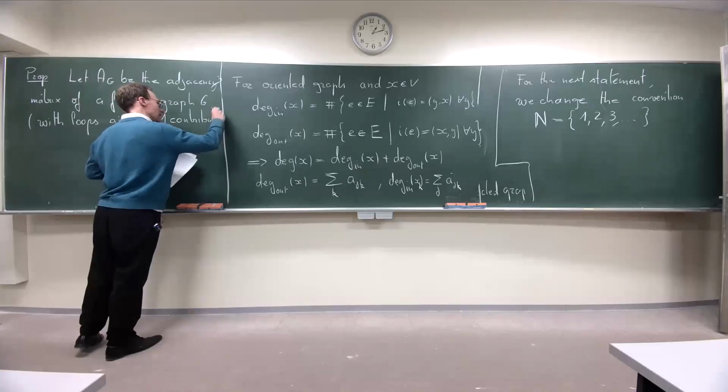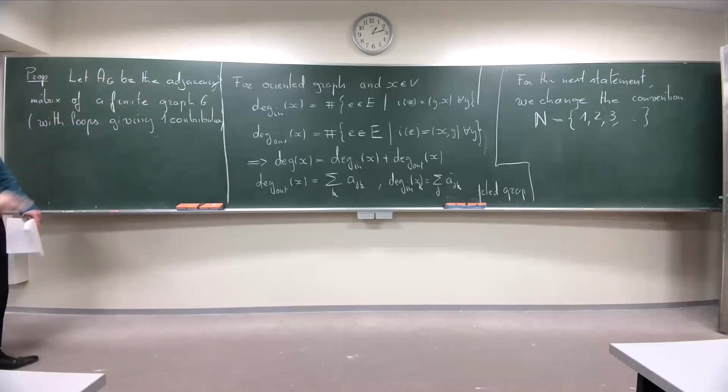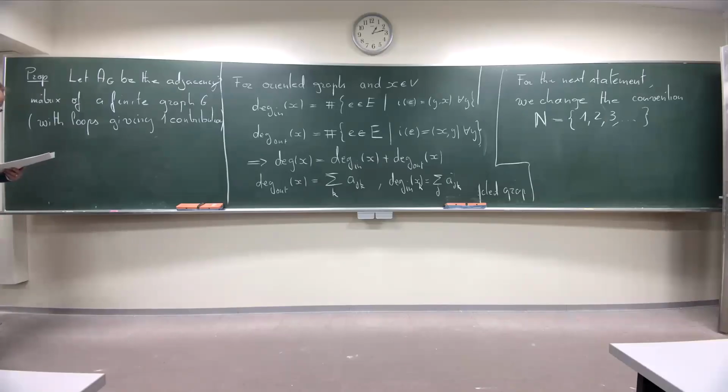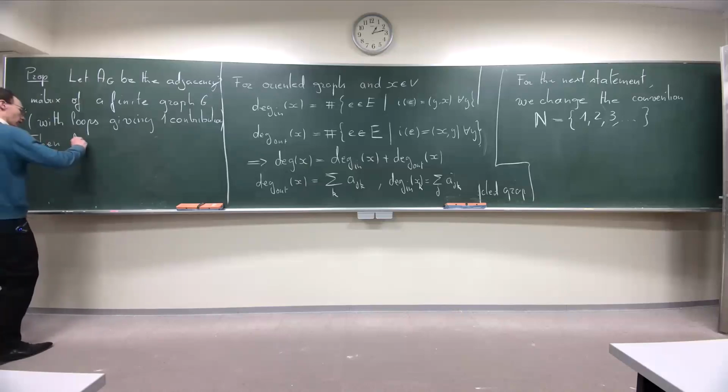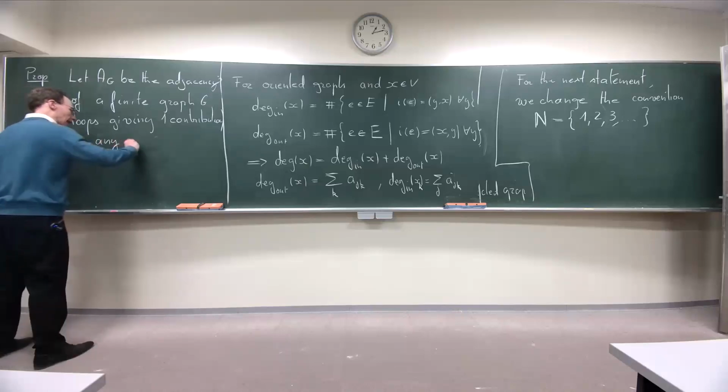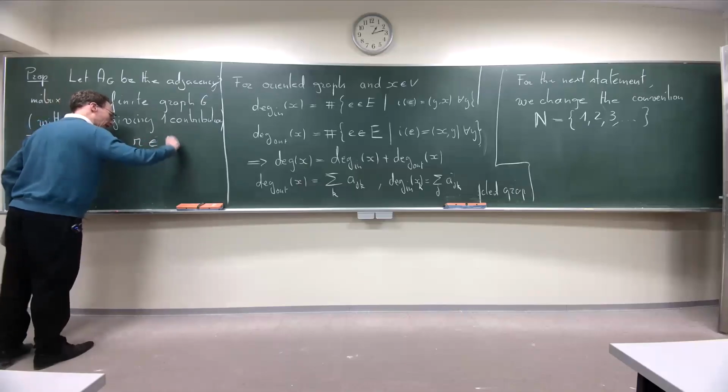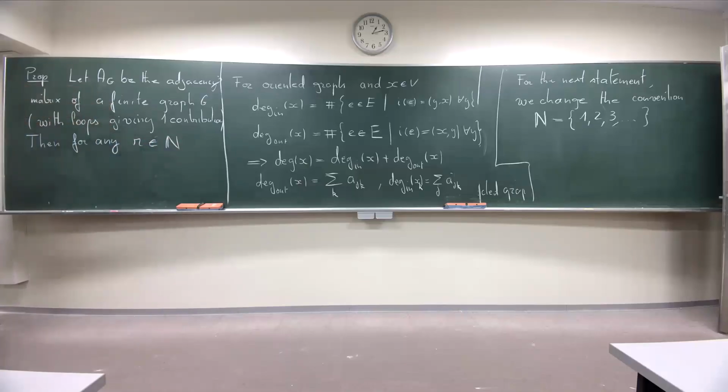It means I change the definition compared to the convention I used before, both for directed and undirected graphs. Then for any R belonging to N, so any integer 1, 2, 3, 4, 5, one has.